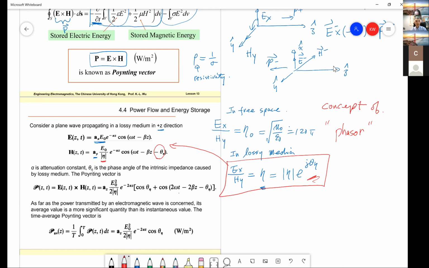I don't know how to emphasize it. We should have learned it very well in circuit theory, particularly for electrical engineering. We use phasors all the time because phasors make our manipulation and derivation very simple.